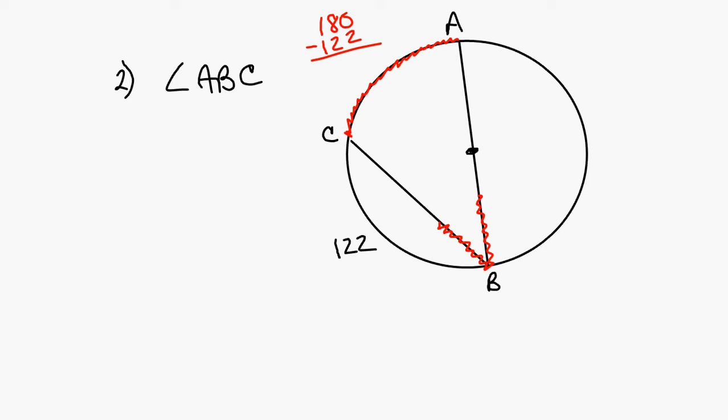This arc is 58 degrees. And an inscribed angle is 1/2 of its intercepted arc. So you take the 58 divided by 2. So that angle right in here, this angle, 29 degrees. Alright, it's half of the 58.